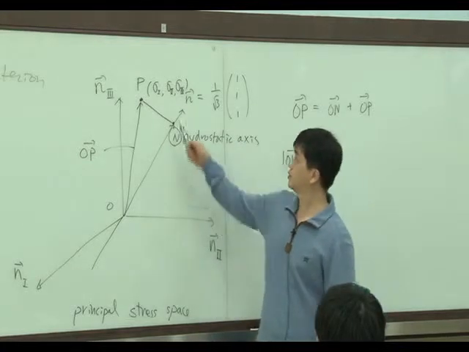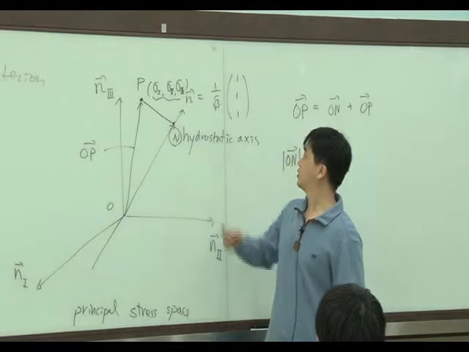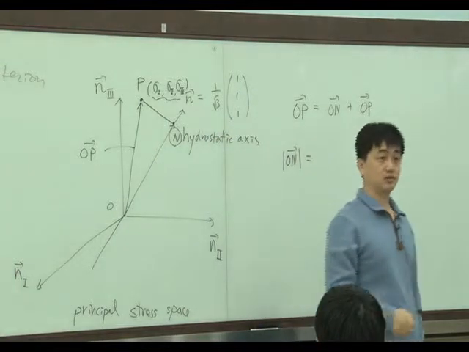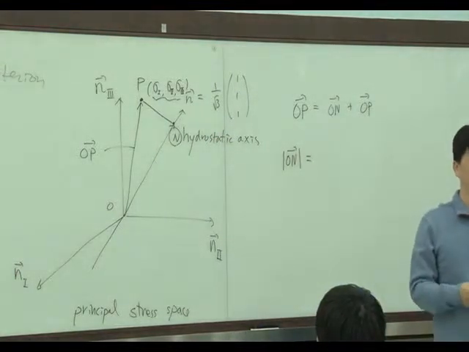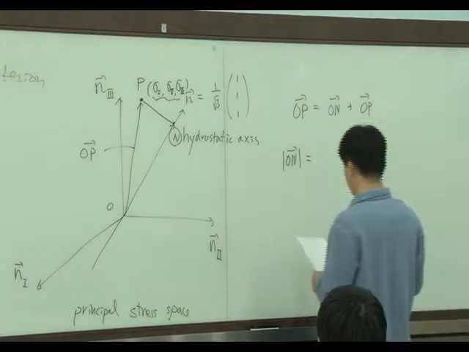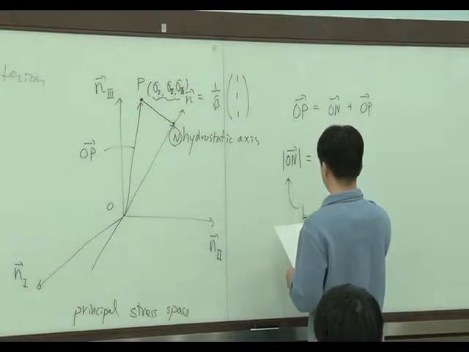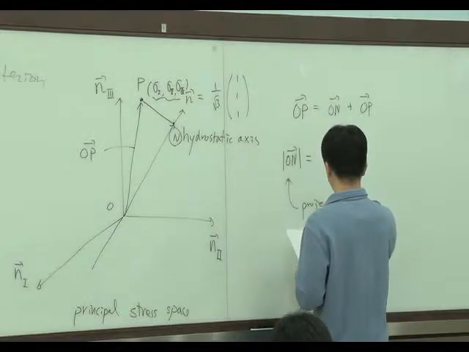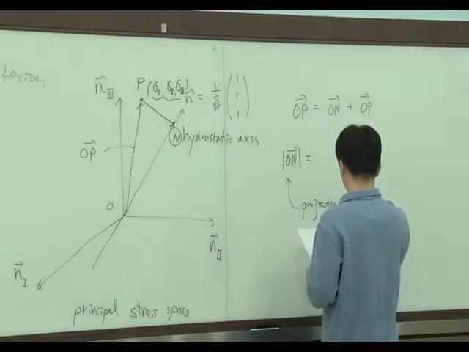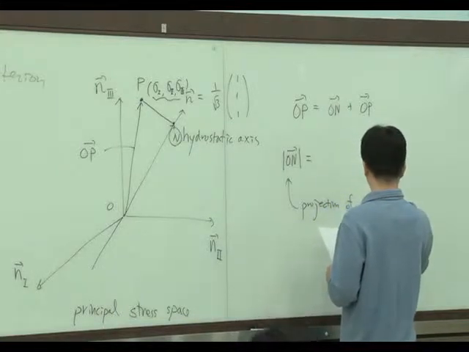If you take the dot product of this OP vector and the hydrostatic axis, we can find it, right? This means the projection of OP onto N.